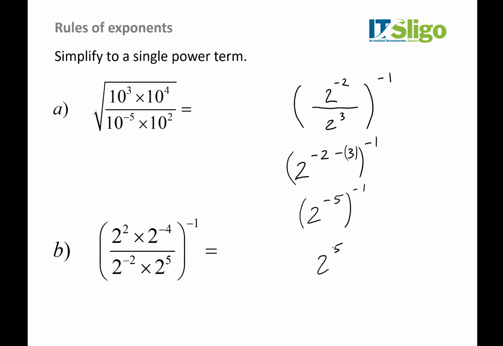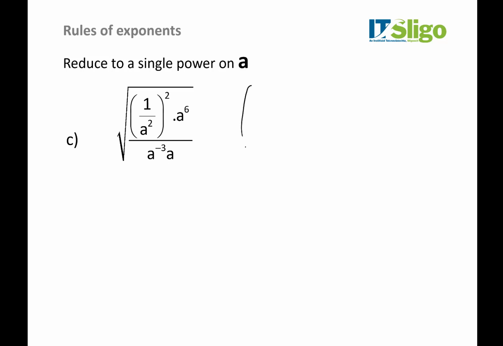You'll encounter these in the review Moodle quiz as well, similar ones. Reduce to a single power of a. Looks nasty, guys, but again, just take your time. I'll keep my half outside. So that's always the very last step. There's no harm in keeping the square root symbol either.